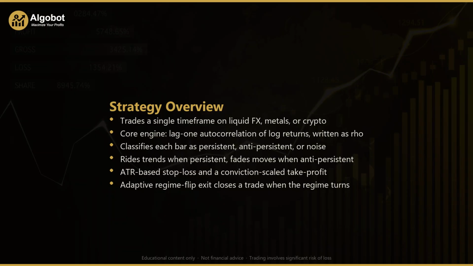A clearly negative reading means the returns are reverting, so the edge is to fade the latest move. And when the reading sits inside a small dead zone around 0, the strategy treats it as noise and simply stands aside. Because that coefficient drifts over time, the very same logic will trade with the trend in one market condition and against it in another. The strategy self-adapts to the measured behavior of the market rather than assuming a fixed directional bias.